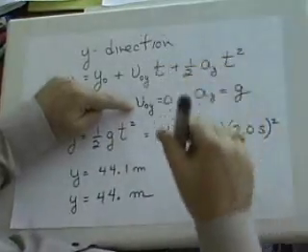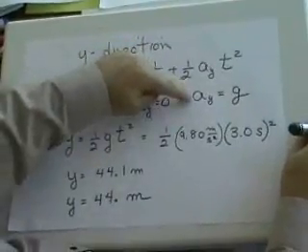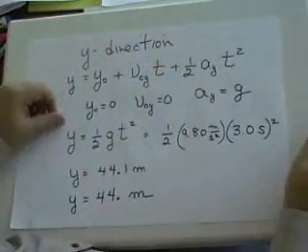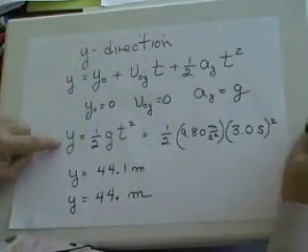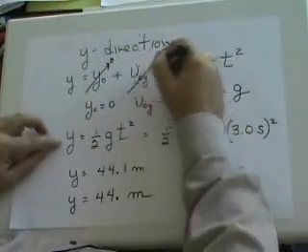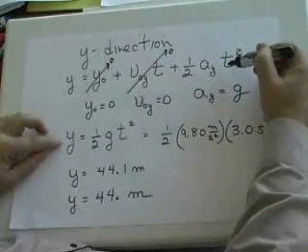They did not have a y velocity. So v naught y is 0, and a_y is equal to the gravitational constant g. So now y naught is equal to 0, v naught y t is 0, and that leaves us with only this part of the equation.